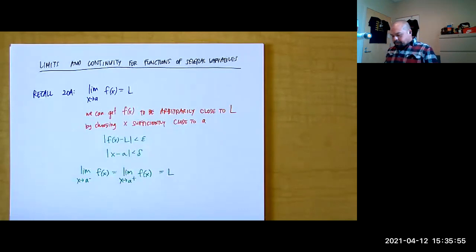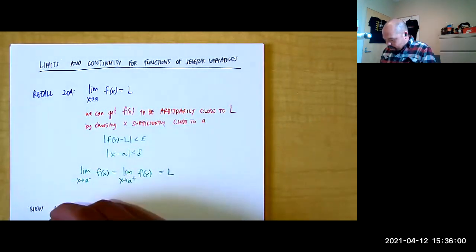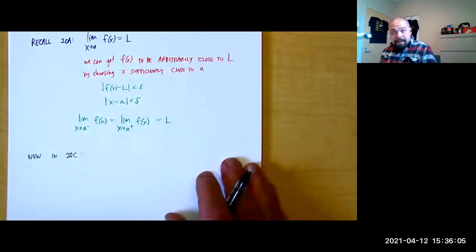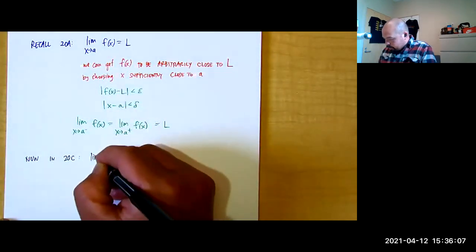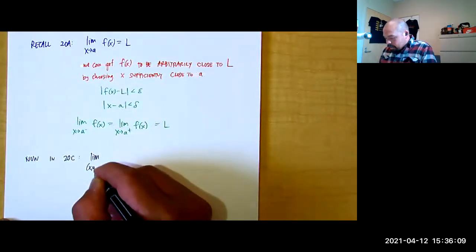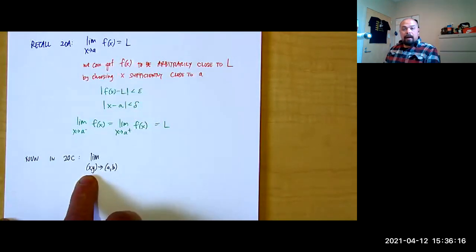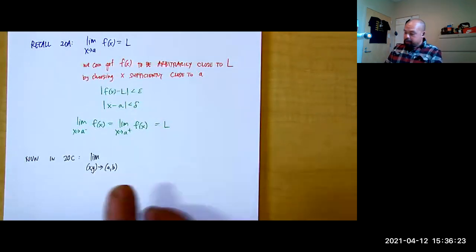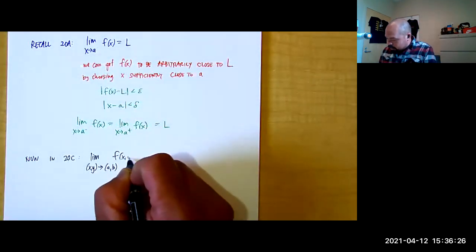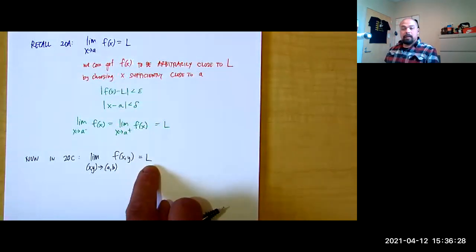And so now in 20C, sorry, when we're talking about trying to find this limit, considering our function of two variables x and y, as the ordered pair x, y approaches a certain value a, b for our function f of x, y, that's going to equal some value L, right?